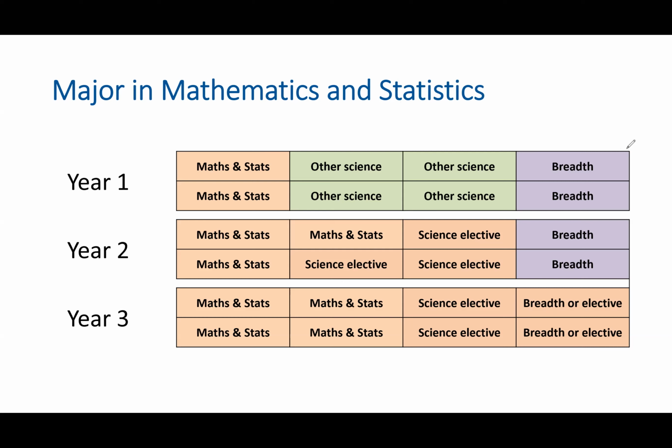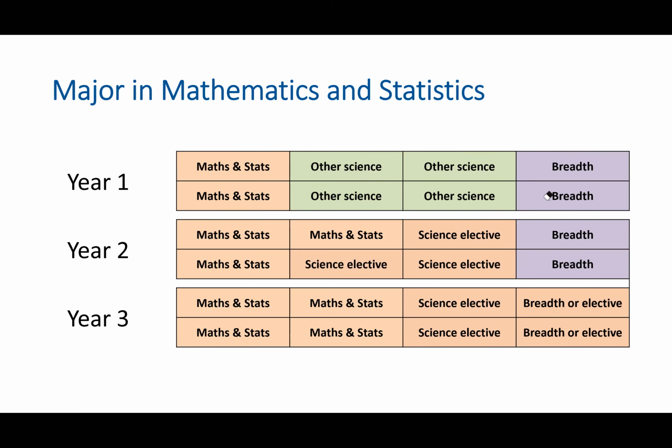Every student at Melbourne University has to do a certain amount of breadth, so minimum 4 breadth subjects across your degree. And in first year, you also have to do some other science subjects. So typically 2 or 3 of your first year subjects would be maths, and then your other subjects are from different science disciplines. So you might do some computing, you might do some chemistry, etc.